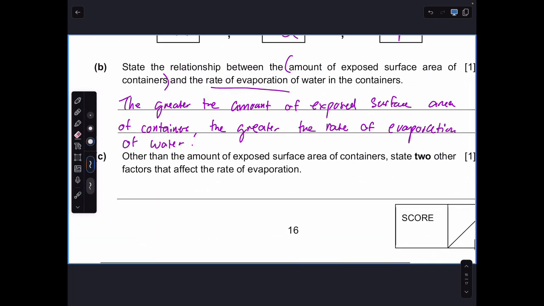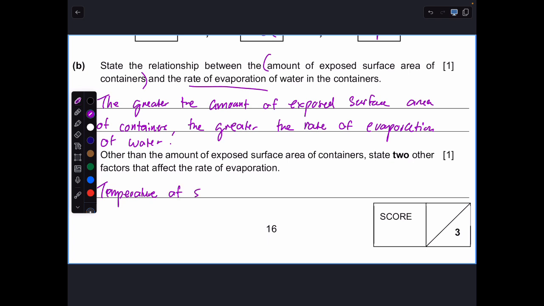Don't just tell me temperature. You can say temperature of surrounding, and also presence or absence of wind, or the wind speed. Anything to that extent.